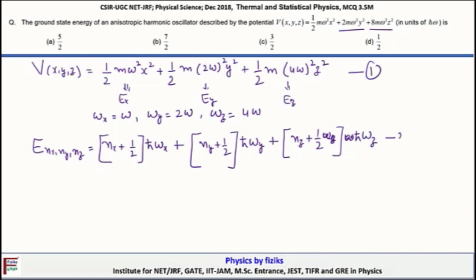This equation 2 gives the energy eigenvalue for the given oscillator.